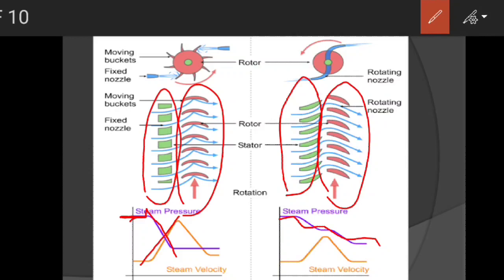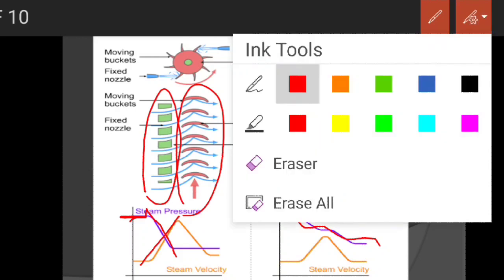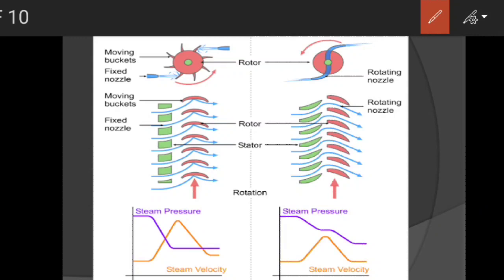Because of this, the reaction turbine has more efficiency, and we use it in high thermal power plants which have higher capacity, while for small capacity thermal power plants we can use the impulse turbine.